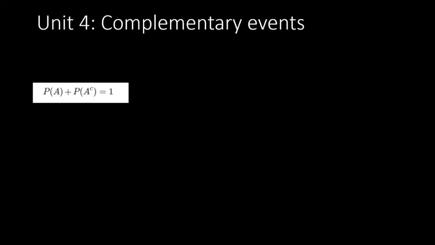Complementary is almost like an opposite event. It's either that event is happening, A is happening, or A is not happening. When I add complementary events together, when I add their probabilities, I always get 1. So for example, the probability that today is Tuesday plus the probability that today is not Tuesday.